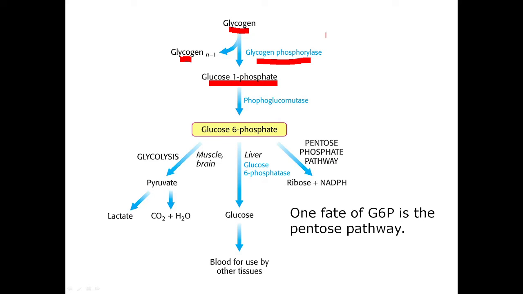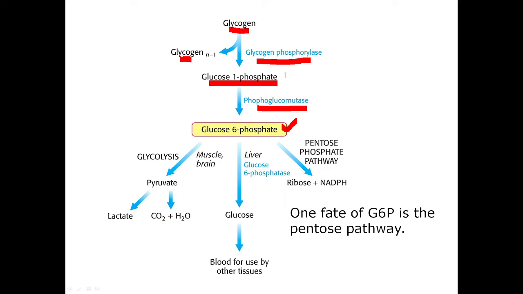So from glycogen, one glucose gets removed as glucose 1-phosphate, and the enzyme involved is glycogen phosphorylase. Now, with the help of phosphoglucomutase, this glucose 1-phosphate can get converted into glucose 6-phosphate.